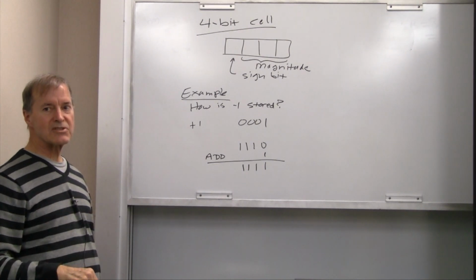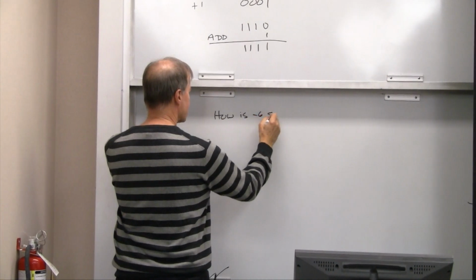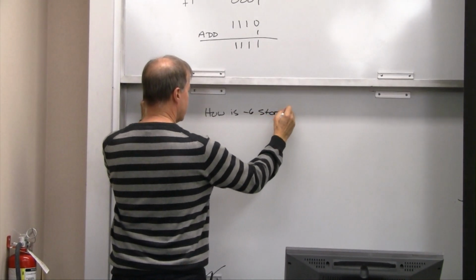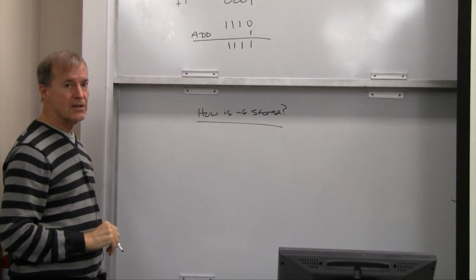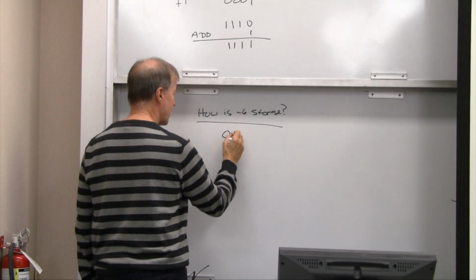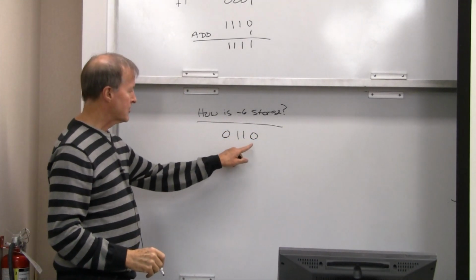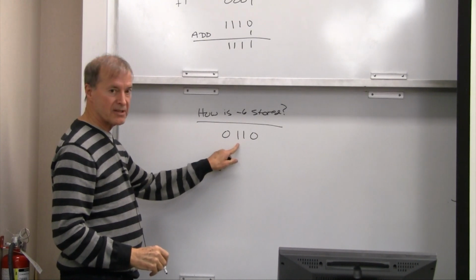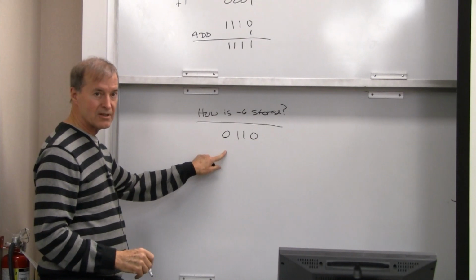Now let's do another number. Let's do -6. How is -6 stored? Well, how is 6 stored? I think it's 0, 1, 1, 0, isn't it? Because this is the 2's place and this is the 4's place. 2 plus 4 is 6. So this is how 6 is stored. Is everybody clear?